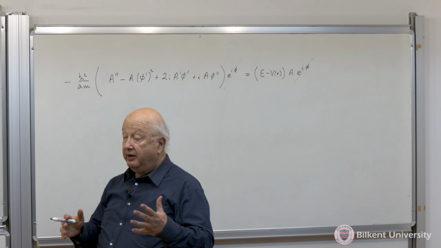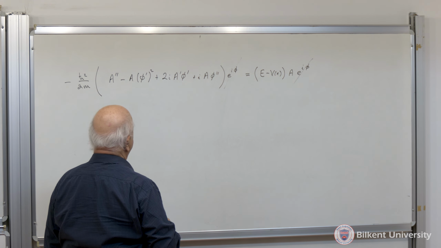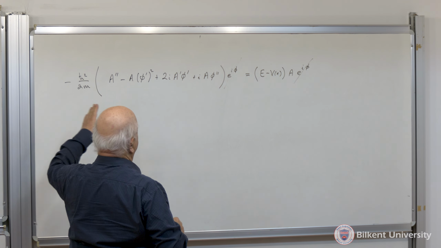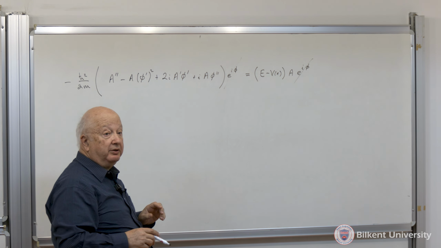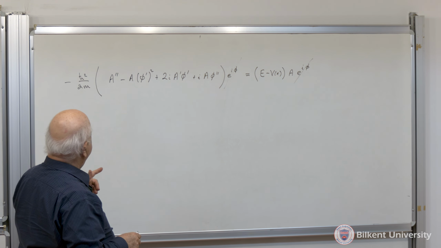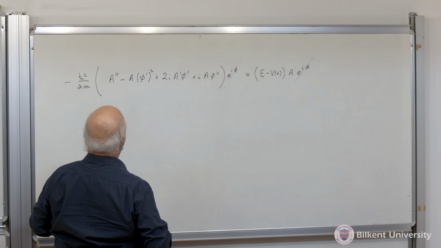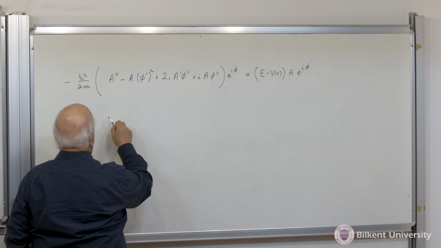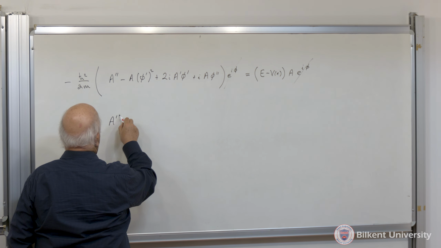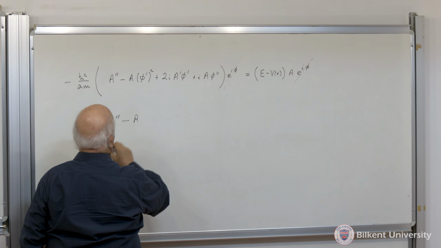Okay, so I have split the equation into real and imaginary parts. And I have one equation for the real part, another equation for the imaginary part. So let's just write those things down. Let me multiply by the reciprocal of this, okay? So that I'm going to get A double prime minus A, okay?